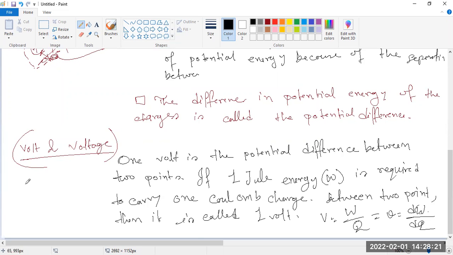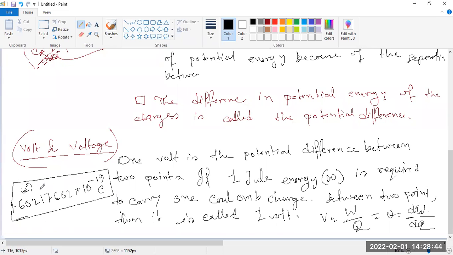Look, for your electron, you just remember that the charge of one electron is 1.60217662 into 10 to the power minus 19 coulomb. So from this you can remember the amount of a coulomb.